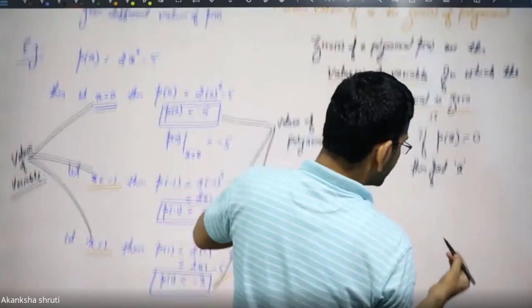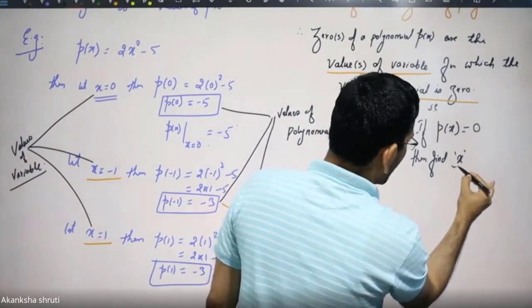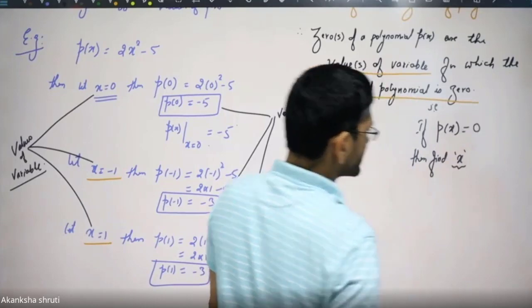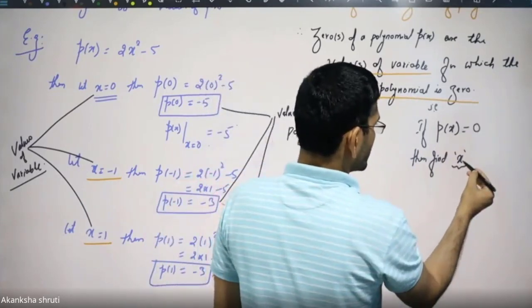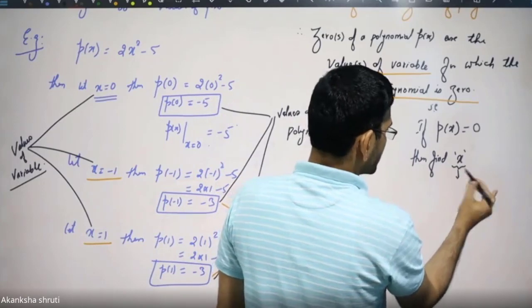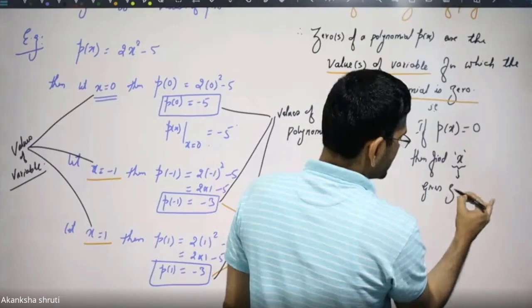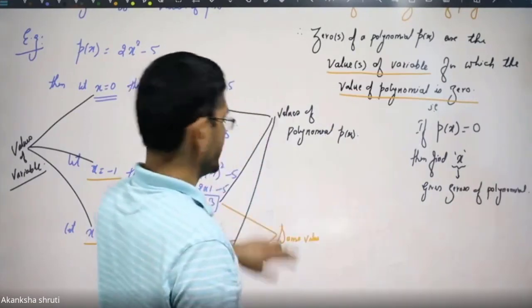So all these values of x that we will calculate after equating the polynomial equal to 0 will be the zeros of polynomial. So it gives zeros of polynomial. Let us see.